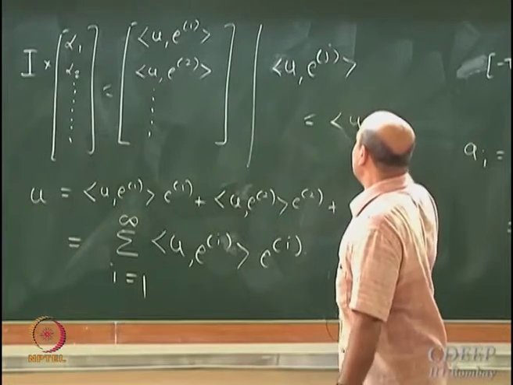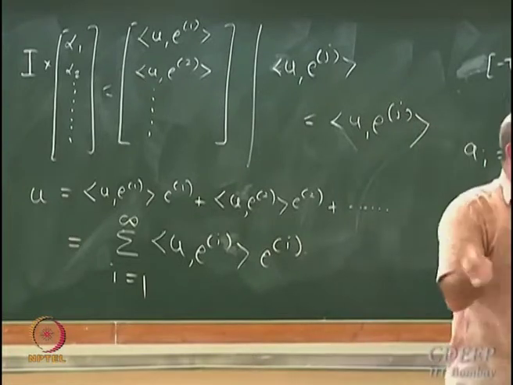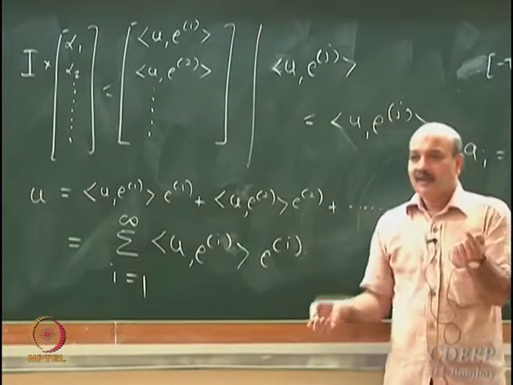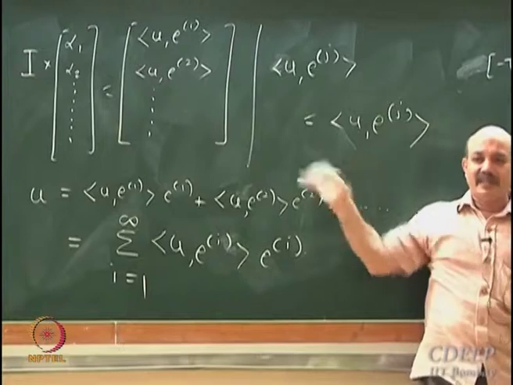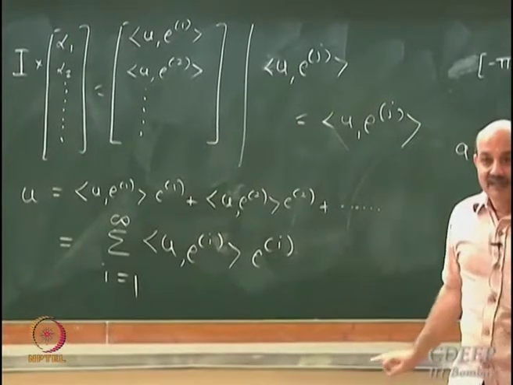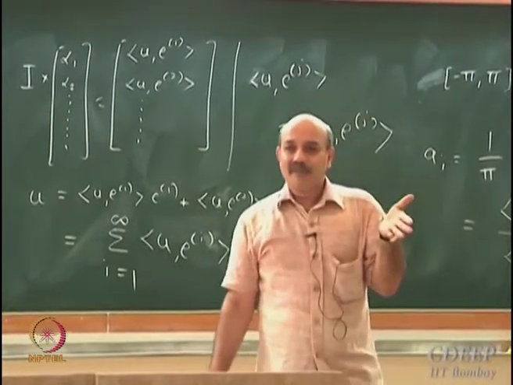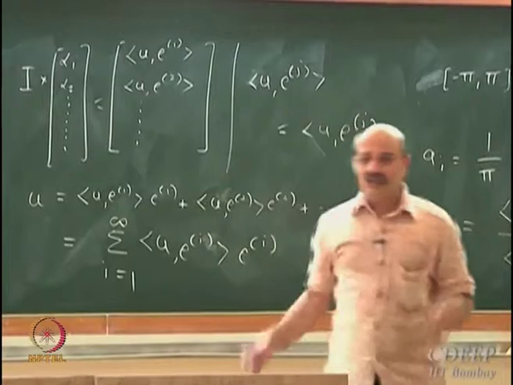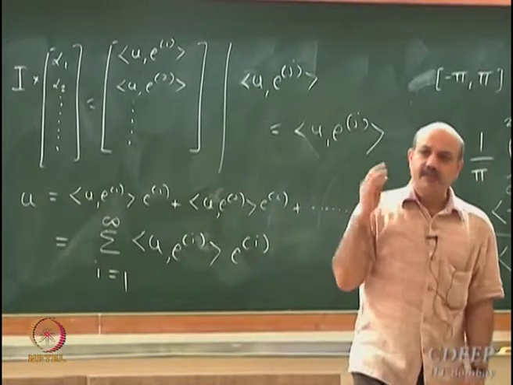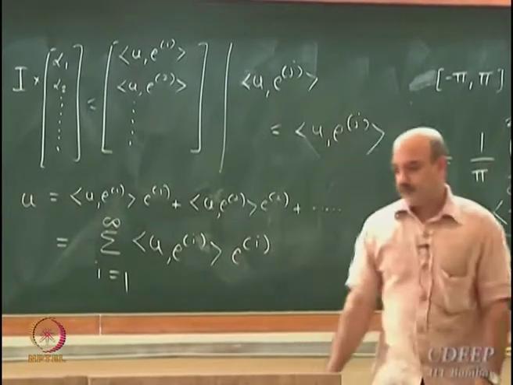You will get u with e_j back, because the inner product of e_j with e_j is 1, and the inner product of e_j with e_i, i not equal to j, is 0. So all the terms in this series will cancel. Only one term will remain, that is the projection along e_j. This very nicely ties up with your xi plus yj plus zk, which you know from 3 dimensions. Just remember that Fourier series is nothing but extending this idea.